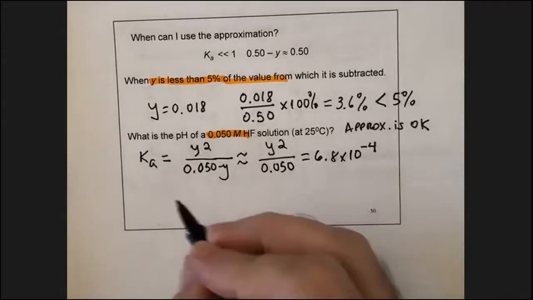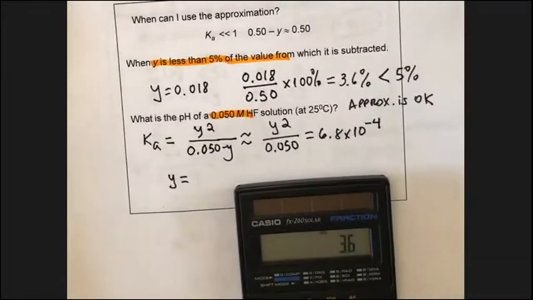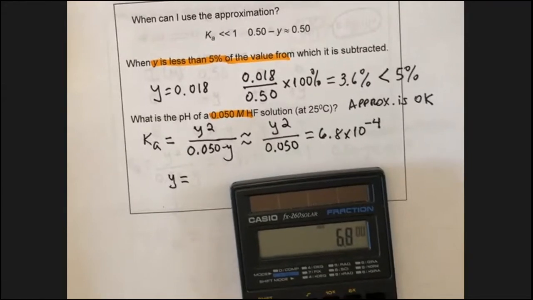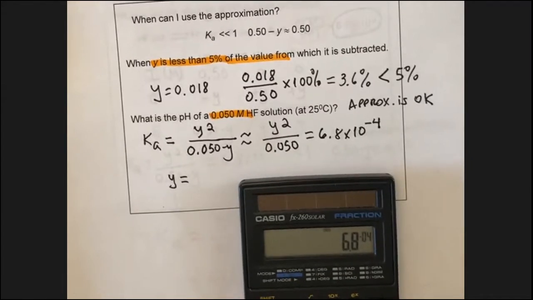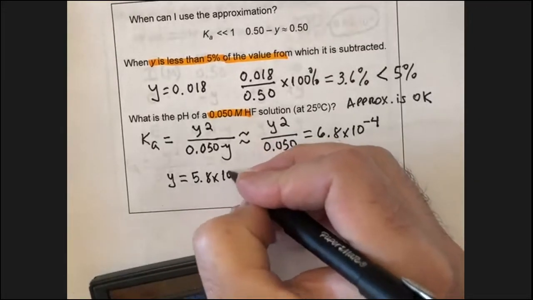Let's see if we were to use this approximation, what this would come up to. That means y is going to be 6.8 times 10 to the negative 4 times 0.05, and we're going to take the square root of that. And it comes up to be 5.83 times 10 to the negative 3. So let's say 5.8 times 10 to the negative 3.